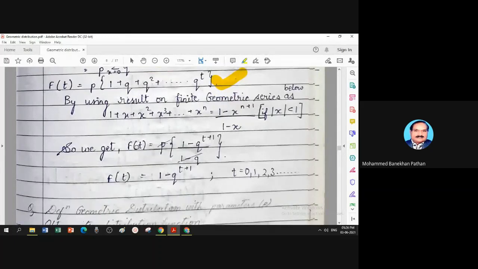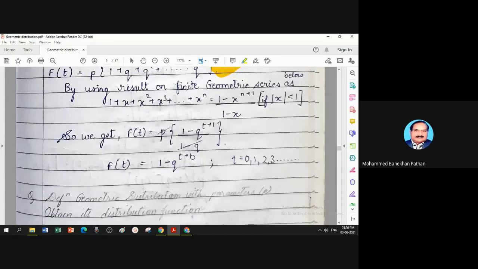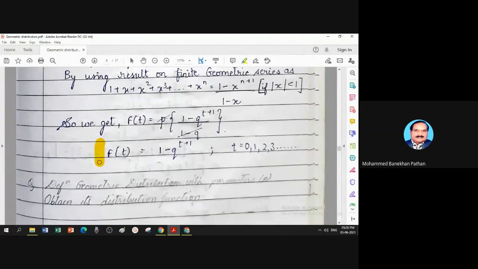So replace x by q, and you get the answer for your curly bracket. Capital F at point T is P times (1 minus q raised to T plus 1) divided by (1 minus q), and 1 minus q is nothing but P, so that gets cancelled. So you get the distribution function of a geometric random variable whose values begin from 0 to infinity.